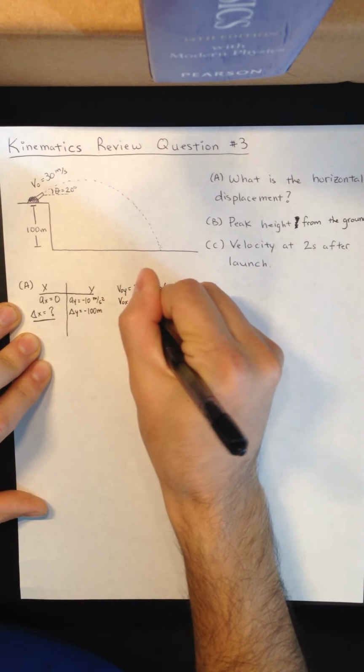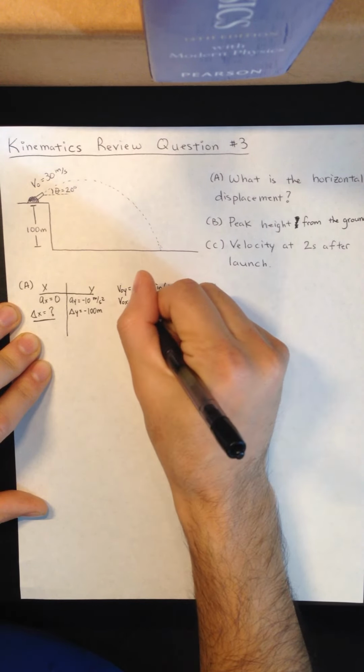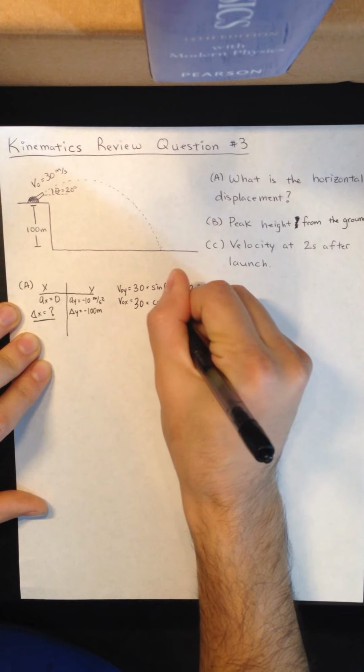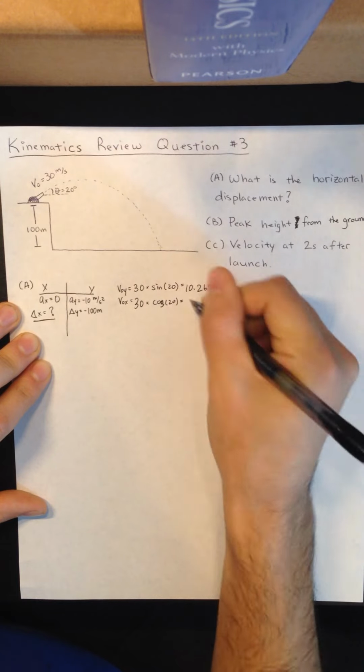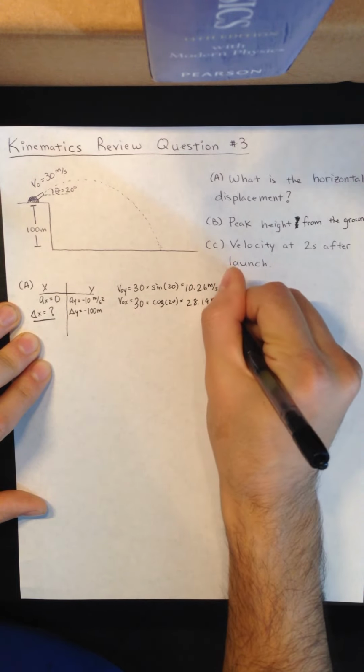The initial velocity in the X is 30 times cosine of 20, which equals 28.19 meters per second.